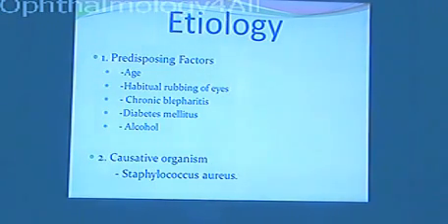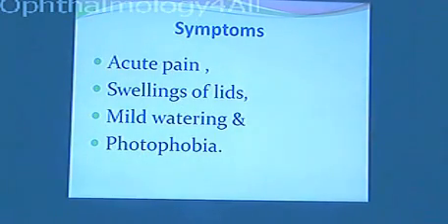People with diabetes mellitus are more prone to develop stye. People using more alcohol can also develop more stye. Usually the causative organism for infection is Staphylococcus aureus, but sometimes other organisms can also cause this infection.